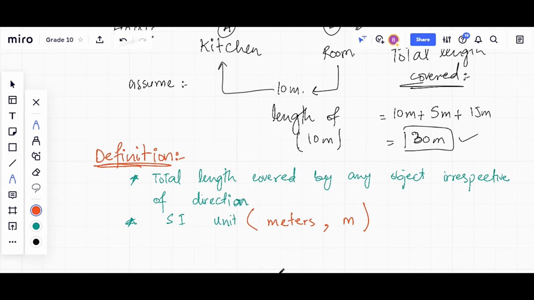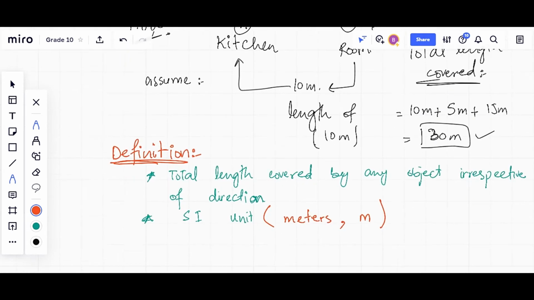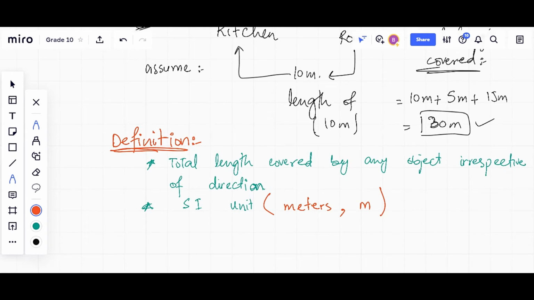Now I'll tell you whether distance is a scalar or a vector quantity. I assume you know about scalars and vectors. If you don't, I'll give you one more lecture on scalars and vectors, on what scalars and vector quantities are. Distance is basically a scalar quantity.